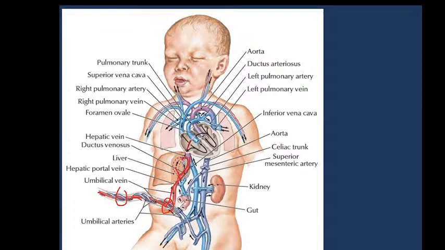Then the blood comes into the right atrium, but there is a special fold here which directs the blood through the interatrial septum to the left atrium. Especially during the fetal period, between the left and right atrium there is an oval window.